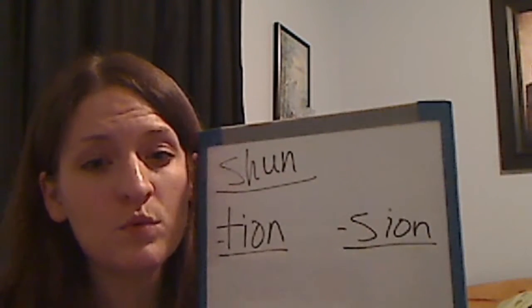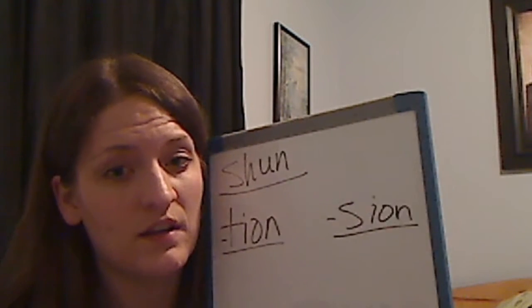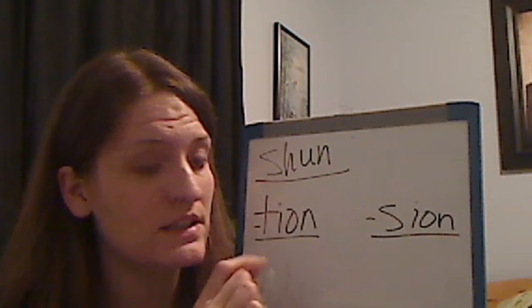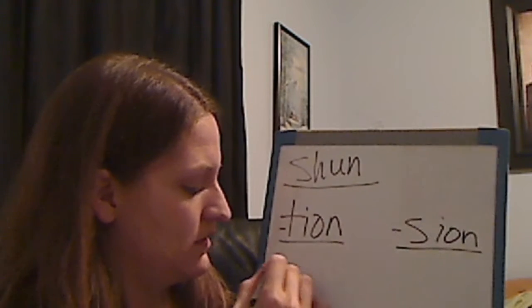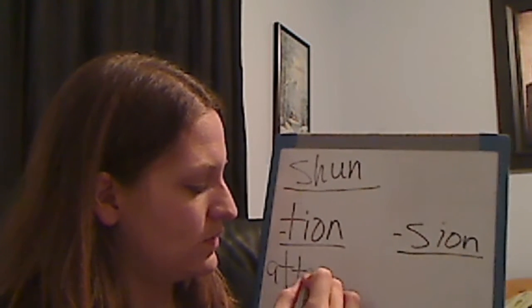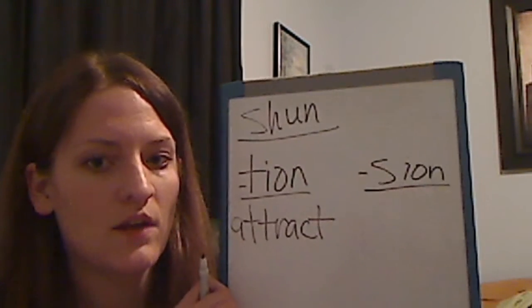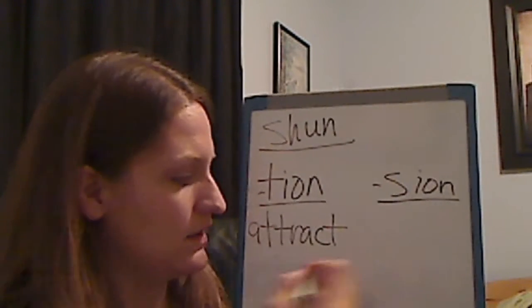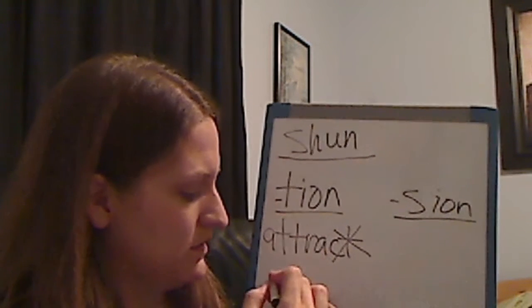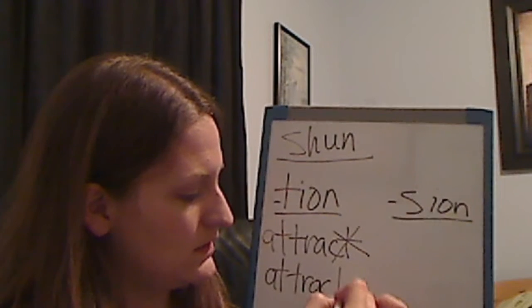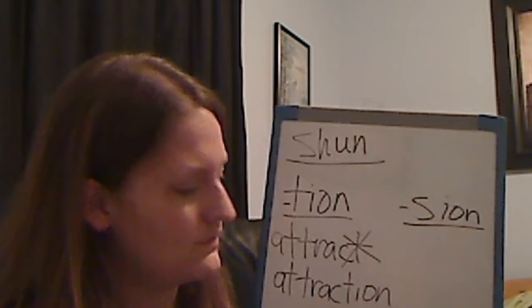Now, if you remember the rule for the T-I-O-N, that's when you drop the T that the word has and you add T-I-O-N. So if I had the base word attract, in order to add the shun sound to the end, I drop this T and I add T-I-O-N. Okay.